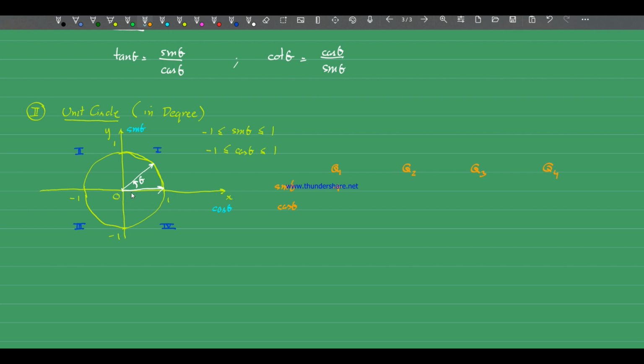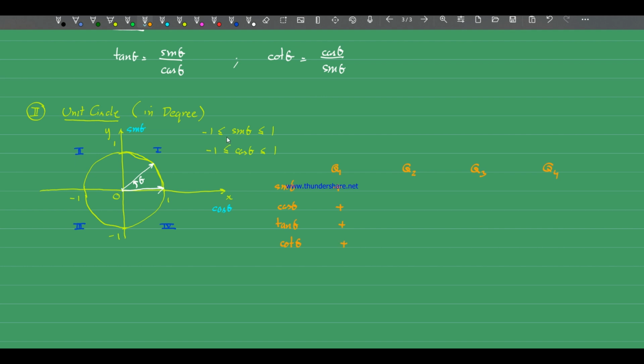Must be positive, right? Because it's still the first quadrant, sine and cosine are positive. Then what happened to tangent? Tangent will be sine over cosine, so it must be positive, and cotangent too must be positive. So in the first quadrant, all basic trigonometry ratios, or trigonometry functions, will be positive. So that's the first quadrant.